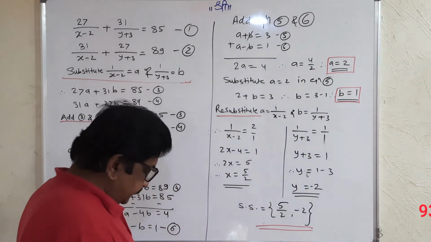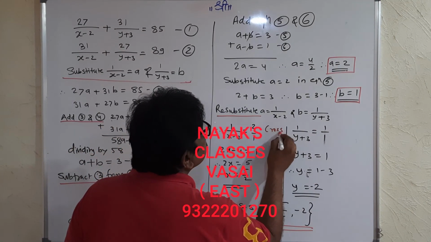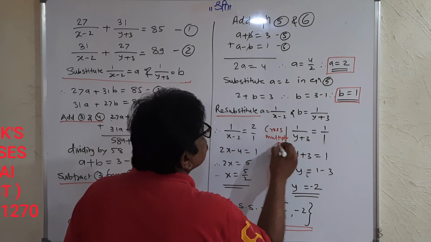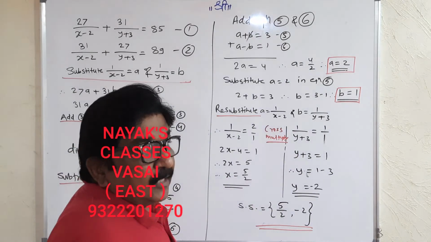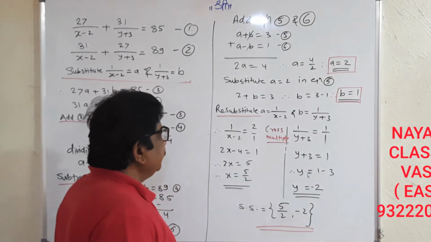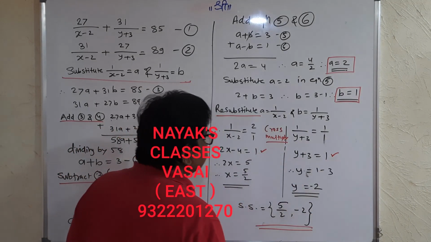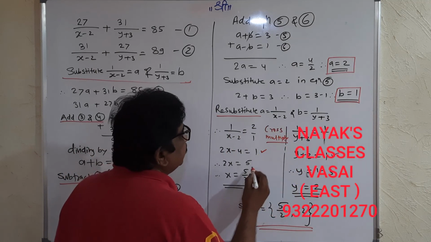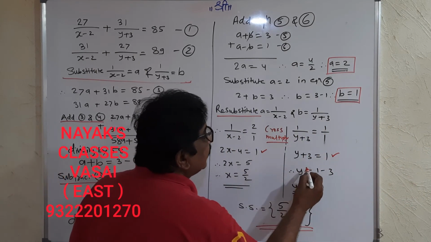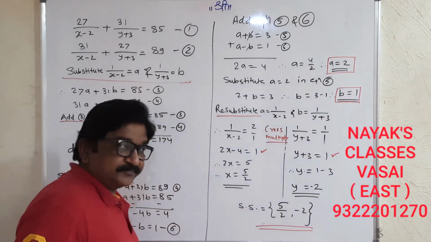Cross multiply. After cross multiplying, we get this one and this one. Transfer the constant terms. We got 2x is equal to 5 and y is equal to 1 minus 3.